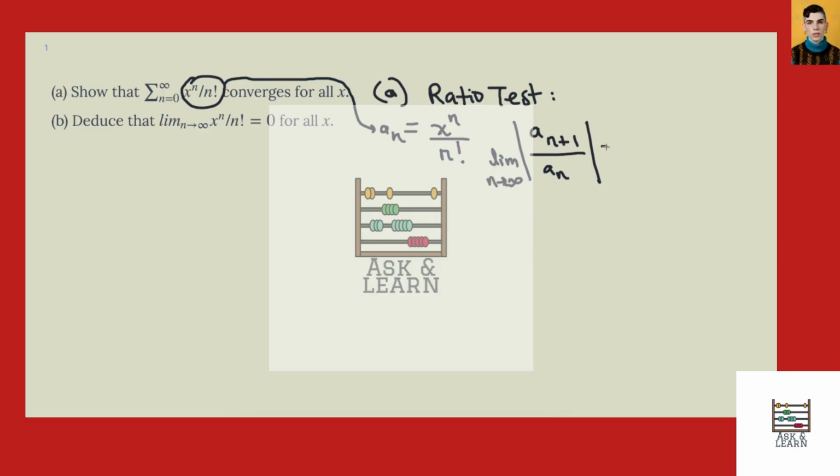So here we'll have a_(n+1) up top, and then a_n in the bottom.